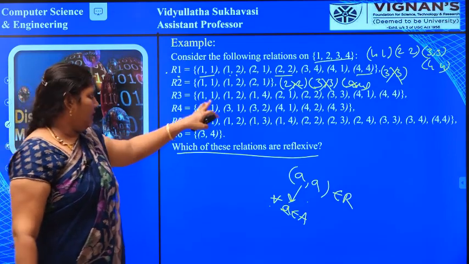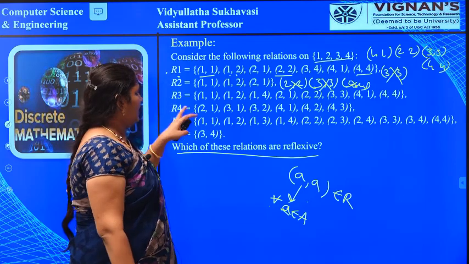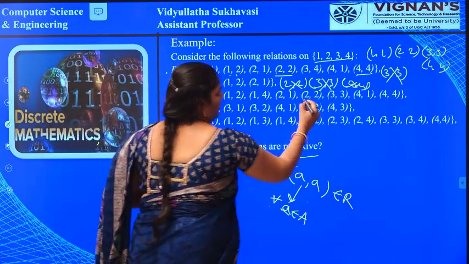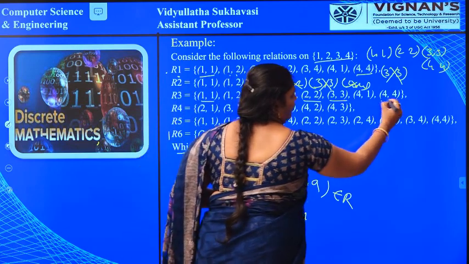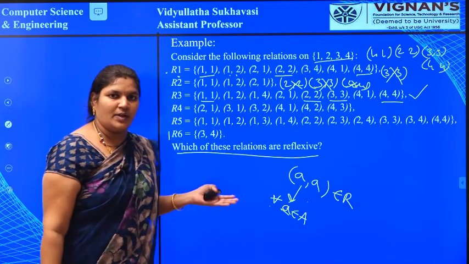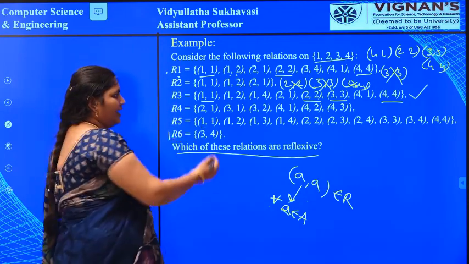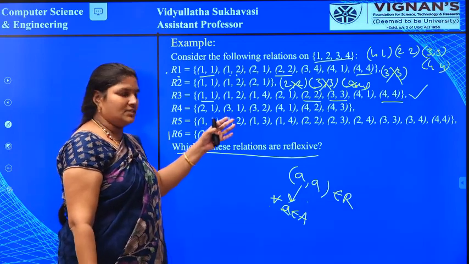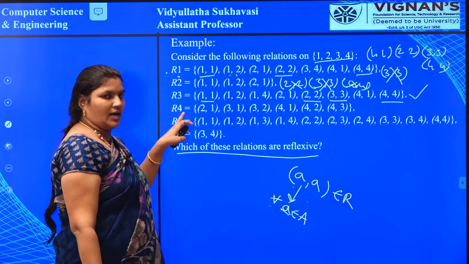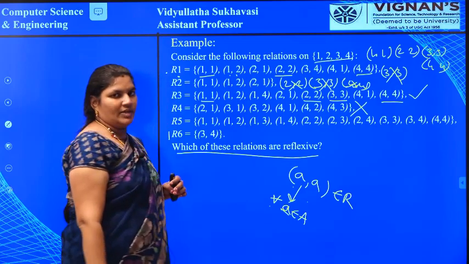That means this relation is also not satisfying the reflexive property. Next, check R3. Here 1 comma 1 is there, 2 comma 2, 3 comma 3, 4 comma 4. That means R3 is satisfying the reflexive property. Next, check R4. Here no reflexive ordered pair is present in the R4 relation. That's why this is also not satisfying the reflexive property.